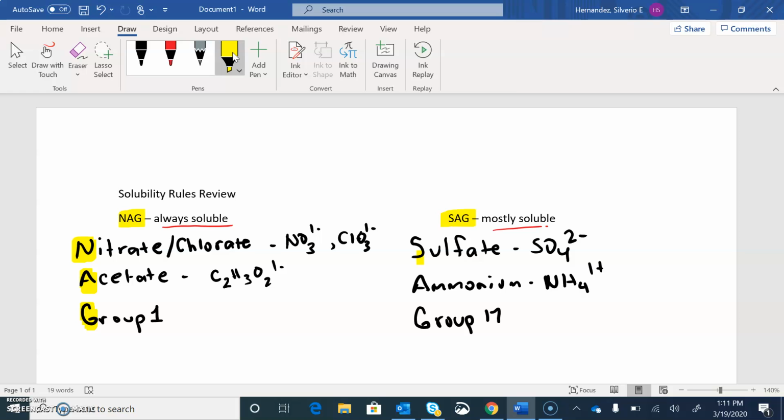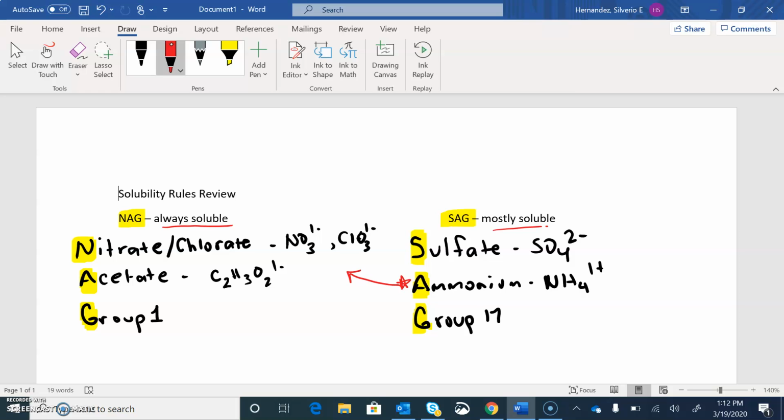Then on the right side here, I have the S, which is sulfate, the A, which is ammonium, NH4, and then the G, which is group 17, so from fluorine on down. Now, before I move on, I want to put a little star by the ammonium and remind you that just like the ions in the NAG, ammonium is always soluble.